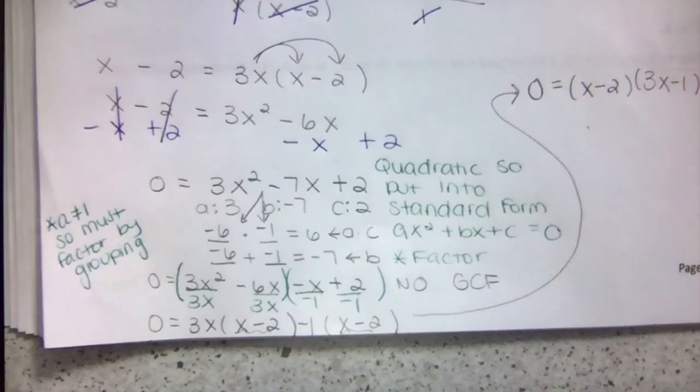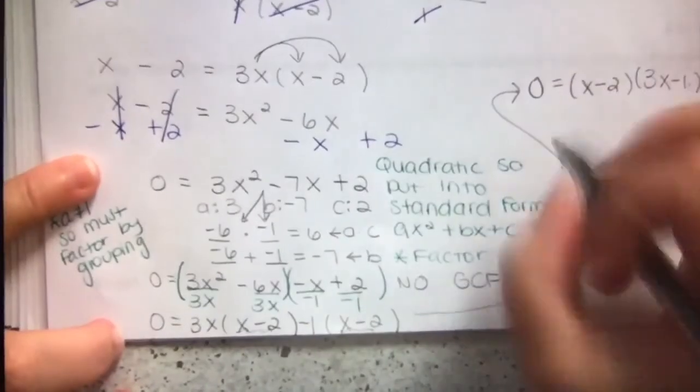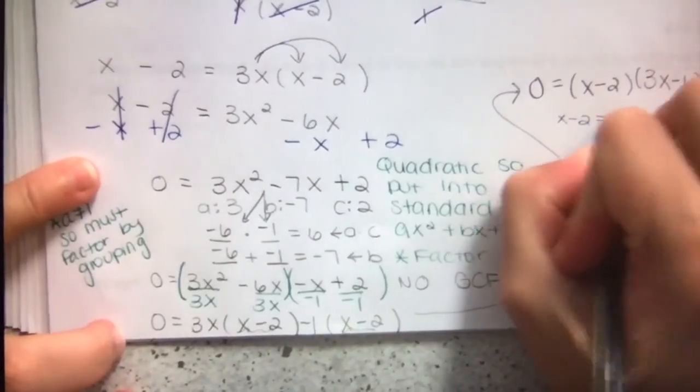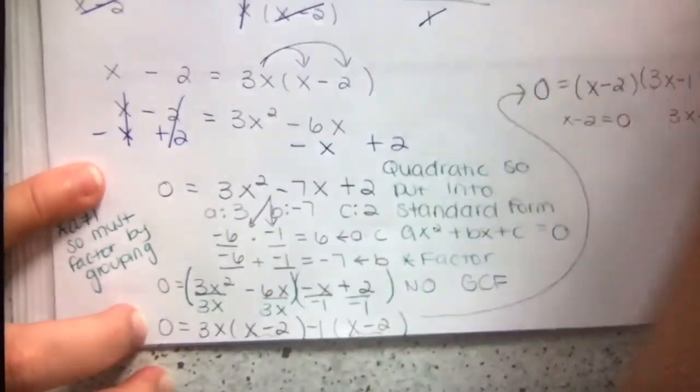We now have it in factored form. Last step, just setting each factor equal to 0. So x minus 2 equals 0, and 3x minus 1 equals 0.